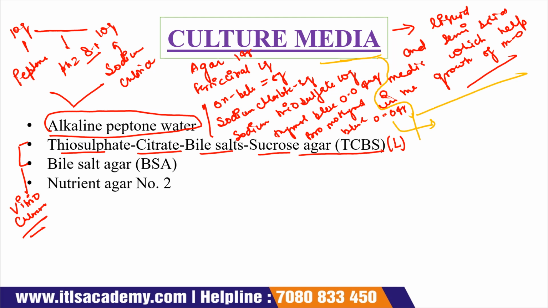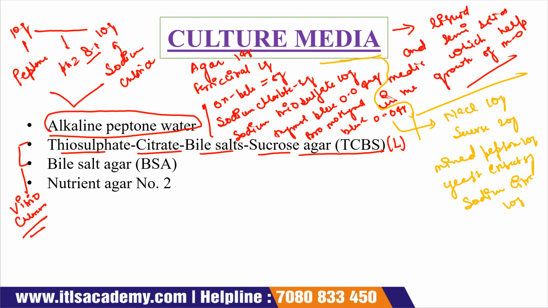Next is your sodium chloride 10 gram, sucrose 20 gram, mixed peptone 10 gram. Then we require yeast extract 5 gram and sodium citrate 10 gram. So this composition is again for 1 liter.